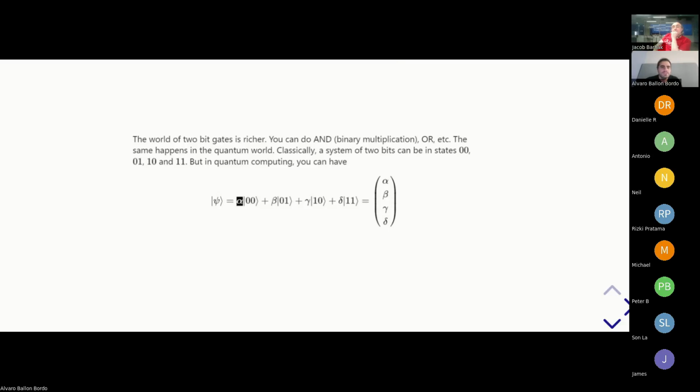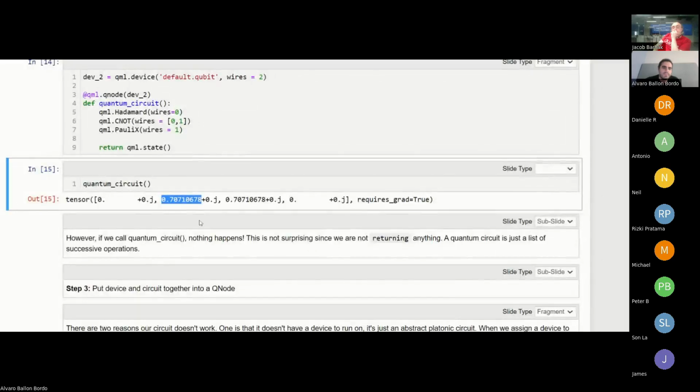Okay, so here what we have, this is a number that we've seen before. This is 1 over square root of 2. This is also a number that we've seen before, this is 1 over square root of 2. So what this is telling me is that at the end of the circuit, I have 1 over square root of 2, this is the second component, so it's |0,1>, plus 1 over square root of 2, |1,0>.